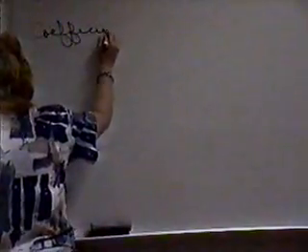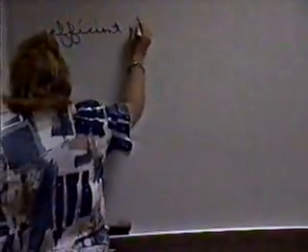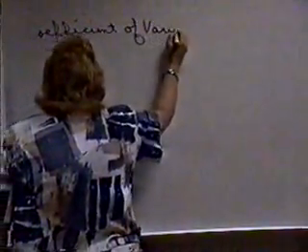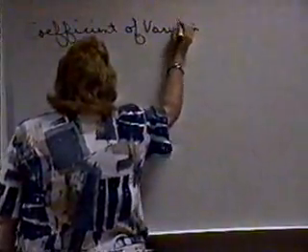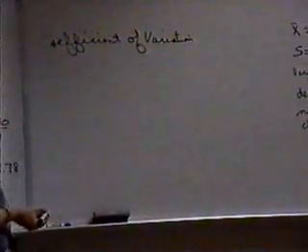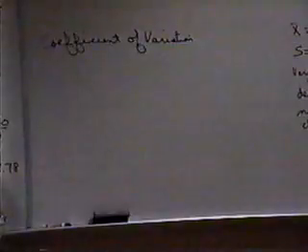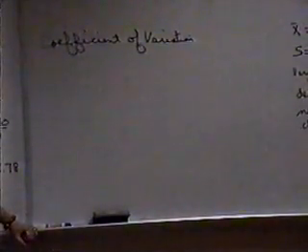And that value is called the coefficient of variation. The coefficient of variation is used to make it easier to decide if it is a large deviation or not.